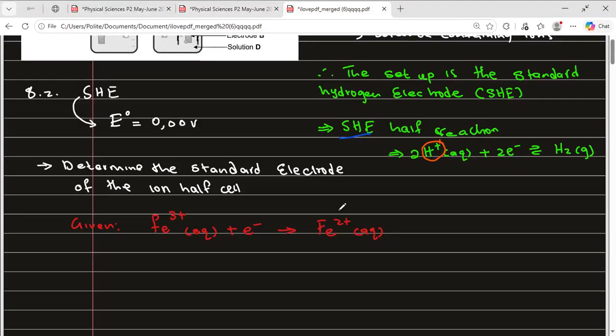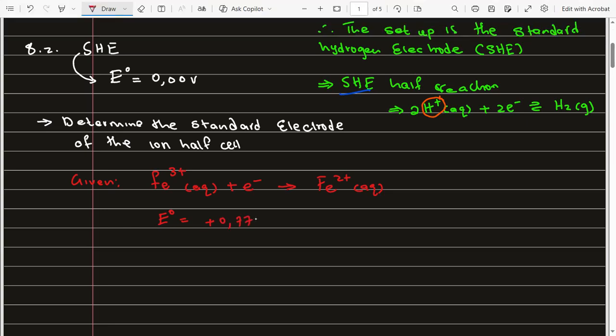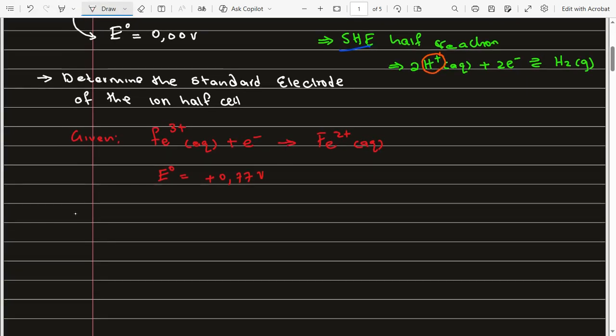So I'm going to rewrite this and say this equals positive 0.77 volts. Now we're going to use this information to calculate the cell potential.